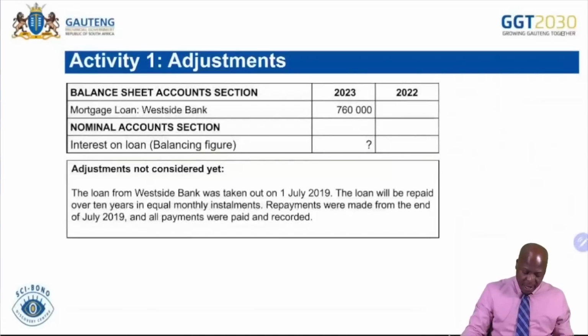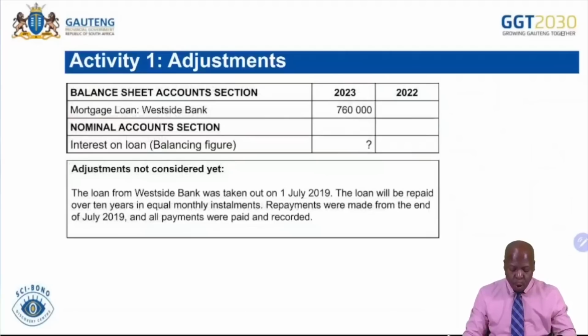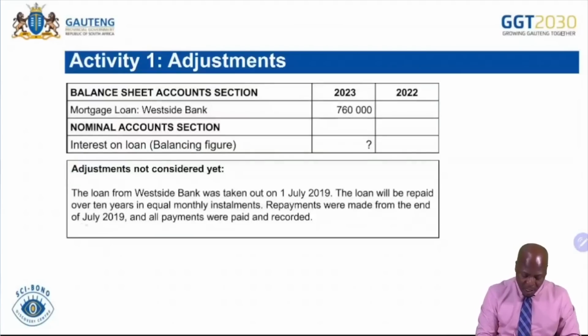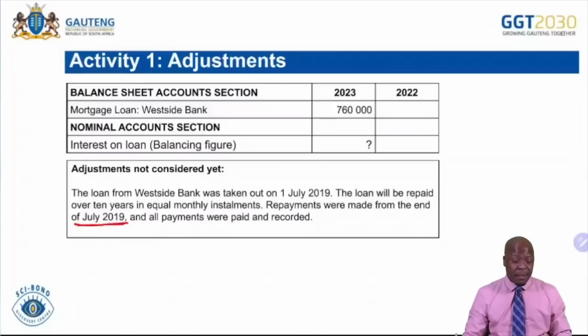The next adjustment reads, the loan from Westside Bank was taken out on the 1st of July 2019. The loan will be repaid over 10 years in equal monthly installments. Repayments were made from the end of July 2019. Very important here. Once they bring this, they're trying to tell you that we've been paying from the day we received the loan.